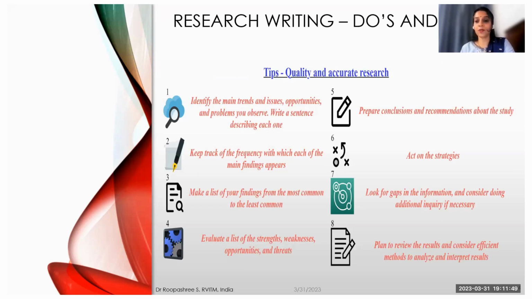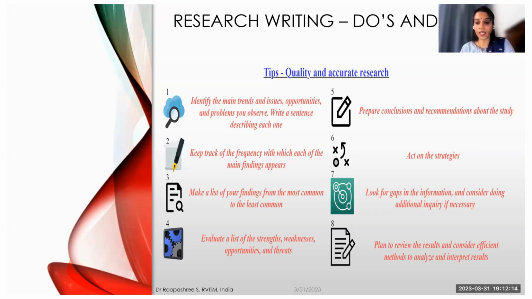The fifth point is to prepare the conclusions and, in parallel, the recommendations that we can put forth for the research study. Then acting on the strategies. And then the seventh point is looking for the gaps in the information. Consider doing additional inquiry if it is needed.